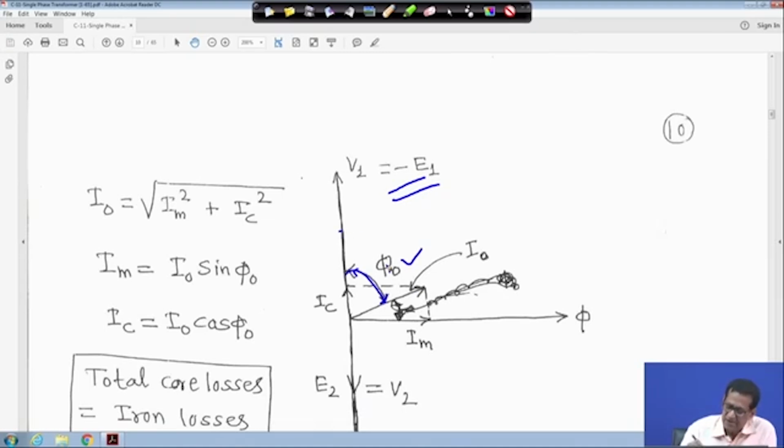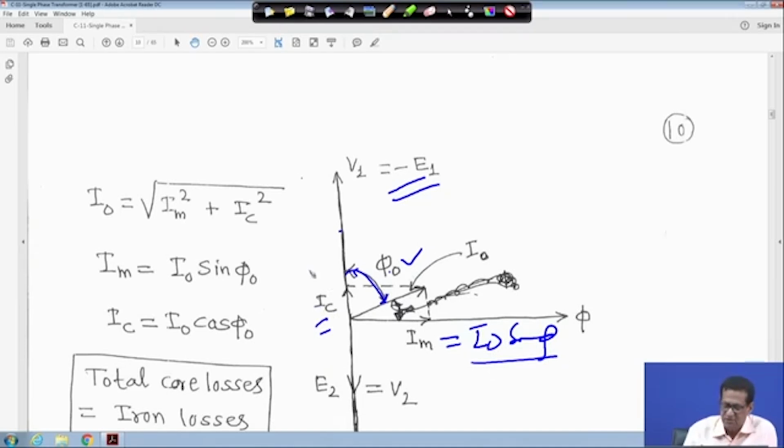So this angle is phi 0, and its component along phi is Im, equal to I0 sin phi 0. This component is responsible for producing the no load flux. Since it is cos of (90 minus phi 0), Im is I0 sin phi 0, and Ic will be I0 cos phi 0.